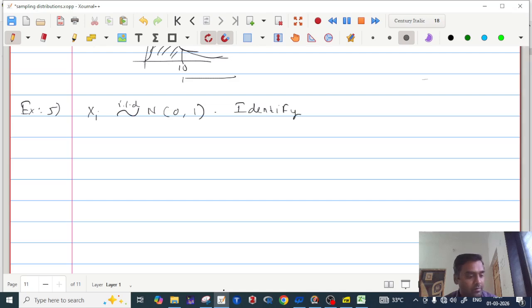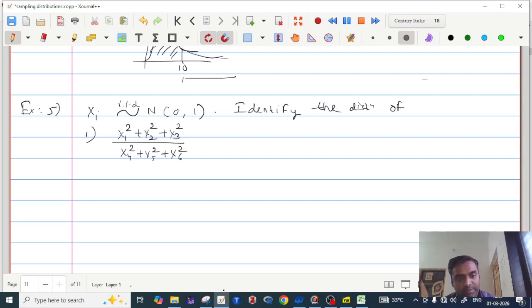Identify the distribution of the first one: x1 square plus x2 square plus x3 square divided by x4 square plus x5 square.